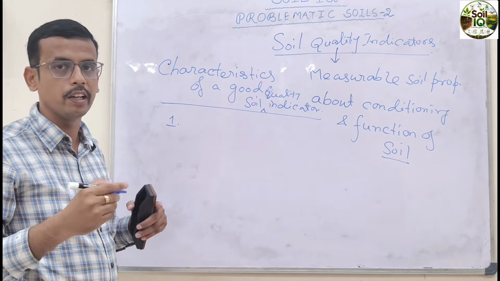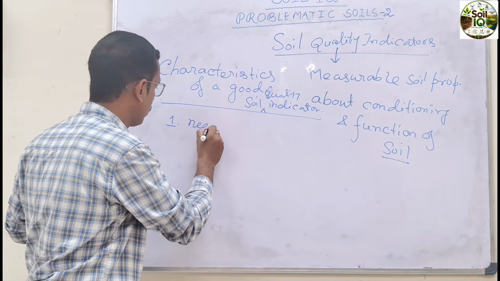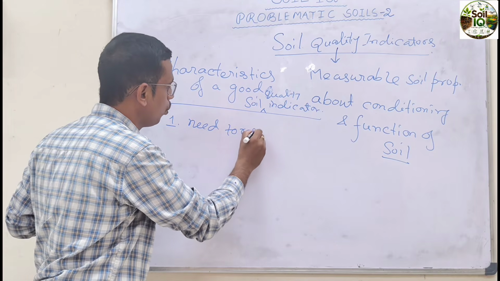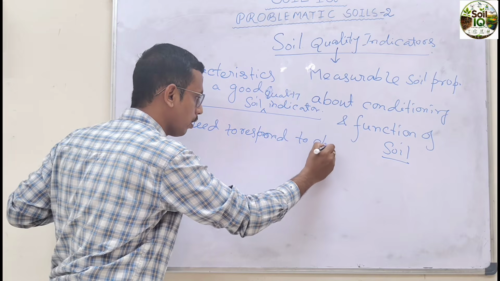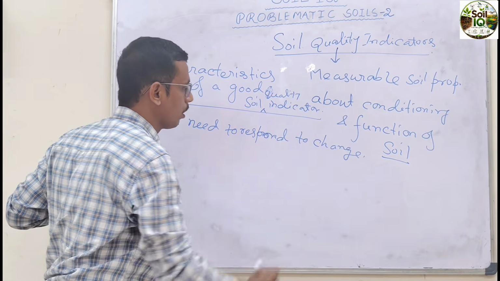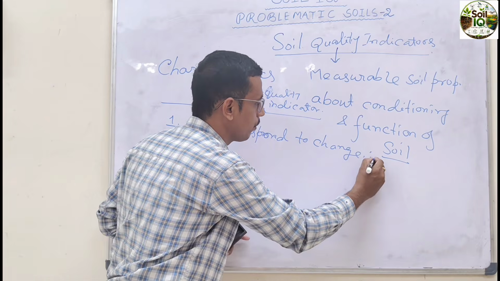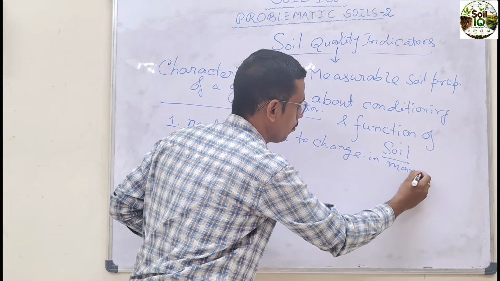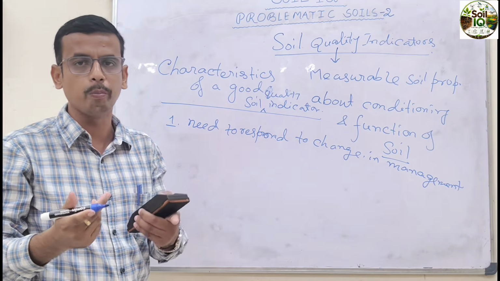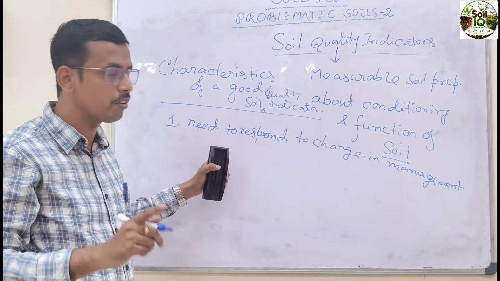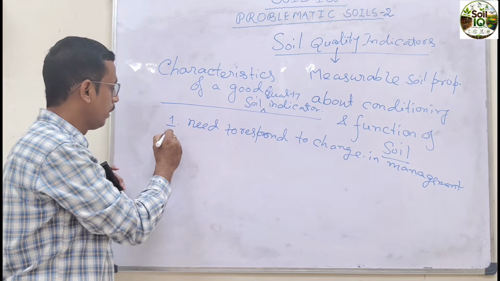First characteristic is that they need to respond to change in management practices. If you make any kind of change in your management practices, they must respond to those changes. So this is the first quality.